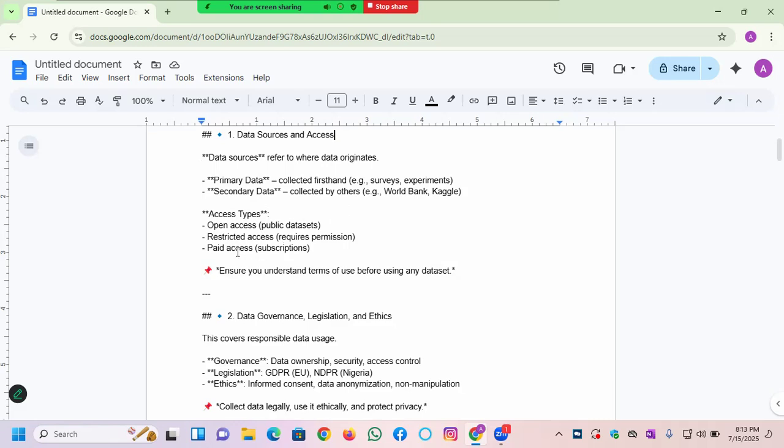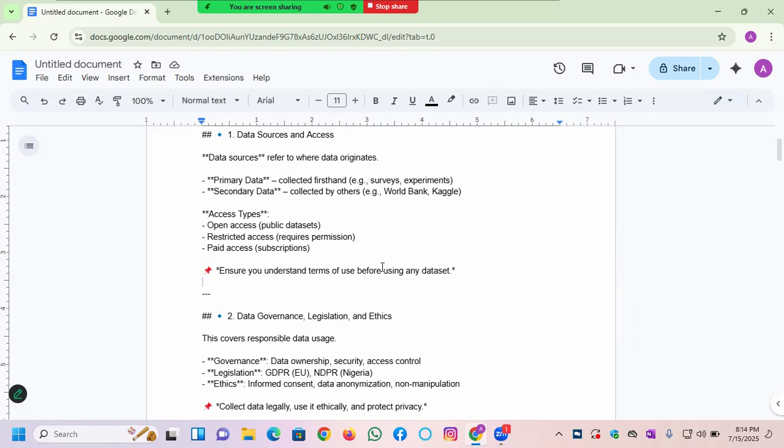Then we have paid access. There are some data that you have to pay to get. So those are the types of data access we are talking about: open access, restricted access, and paid access.